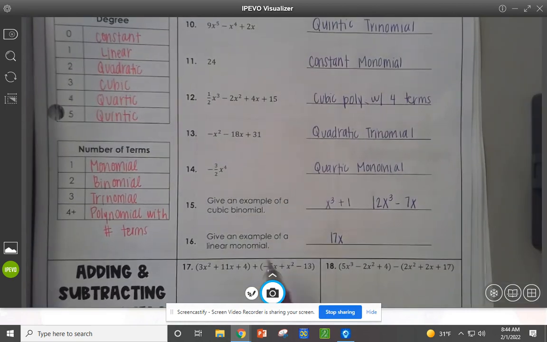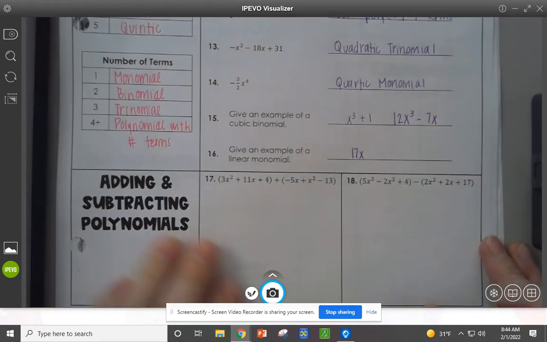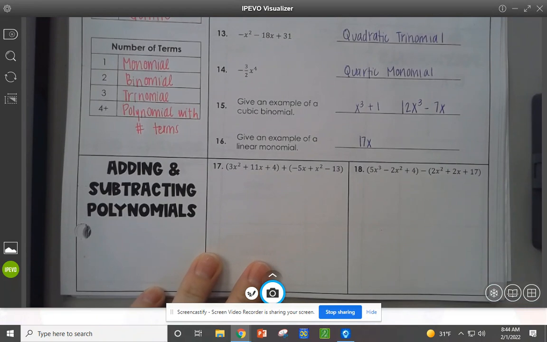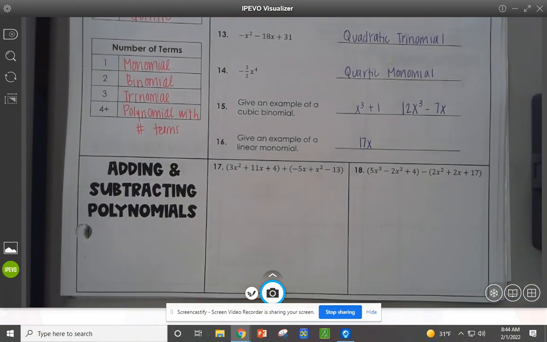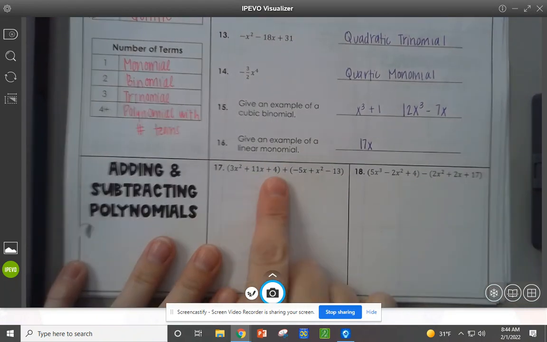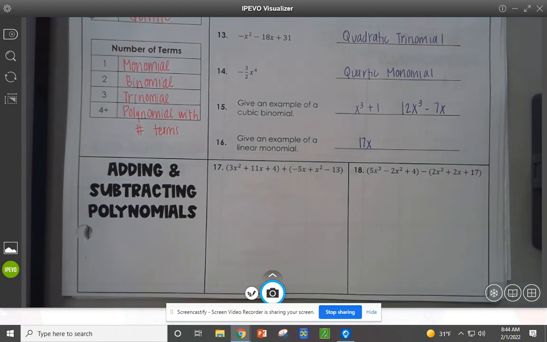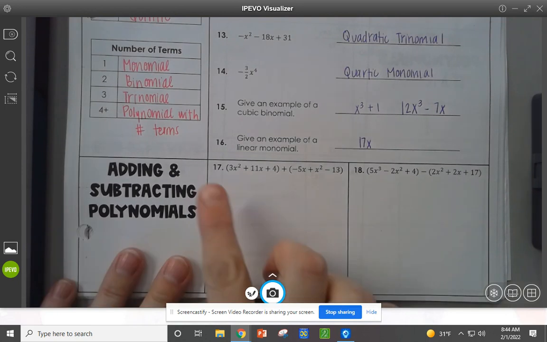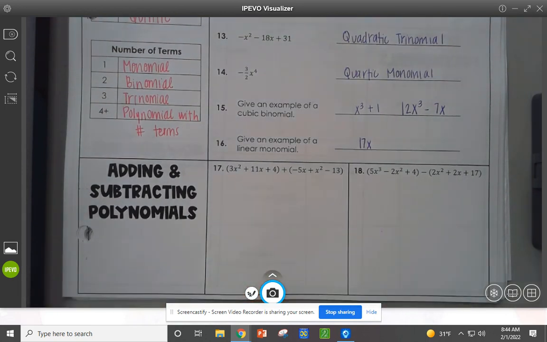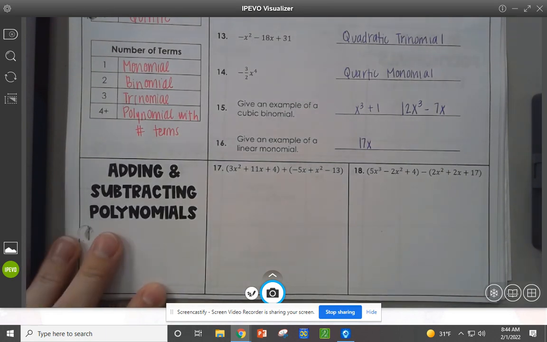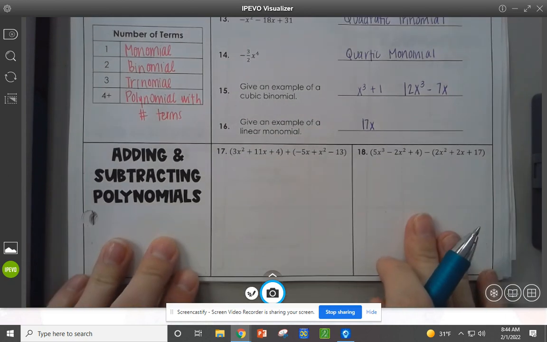We're going to do these two examples and then we will stop for today. So adding and subtracting polynomials. Basically, when it's addition, it's just combining like terms. You basically can just drop the parentheses. What I like to do is stack my two polynomials so that my like terms are on top of each other, and make sure I'm going in the standard order as I write it down.